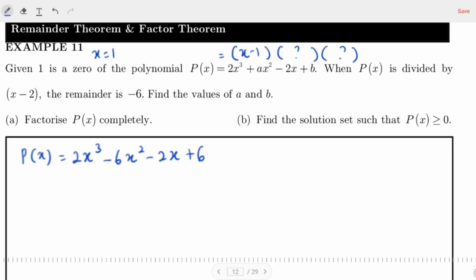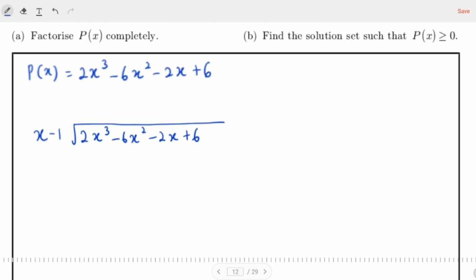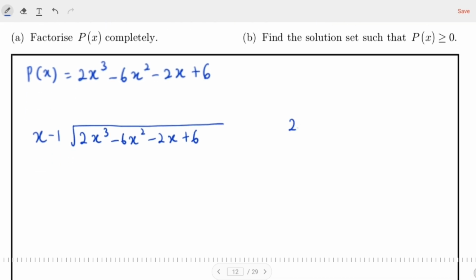So to find the other 2 factors, we do the long division. x minus 1 is the divisor, and then we do the long division with our polynomial. As usual, to do the long division, we need to find what is multiplied with x will give us 2x cubed, or we could just divide 2x cubed by x, which is 2x squared.